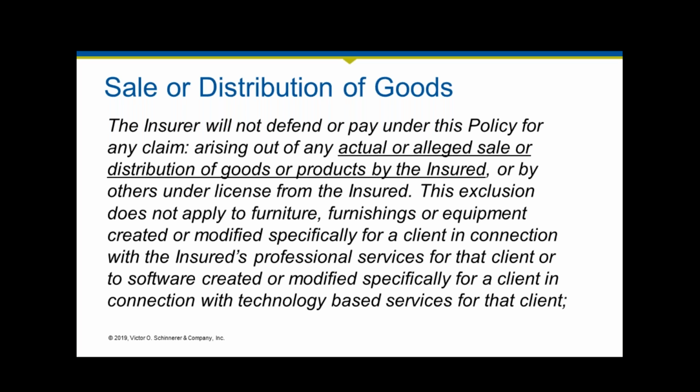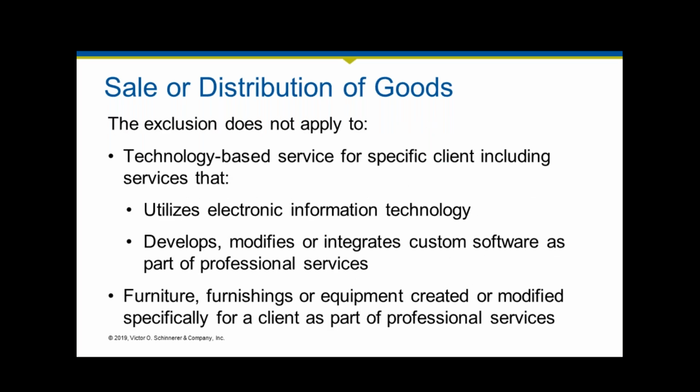But the professional liability policy really understands that you have a very broad scope of duties and wants to enable you to expand what you do. So that exclusion does not apply to these kind of things. Kevin, you might want to mention the technology.